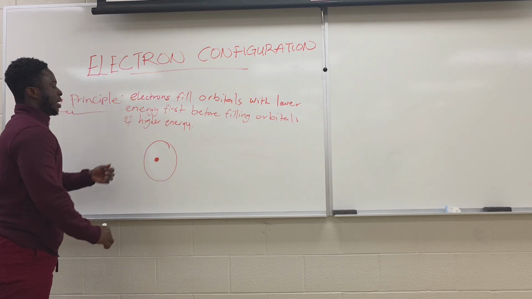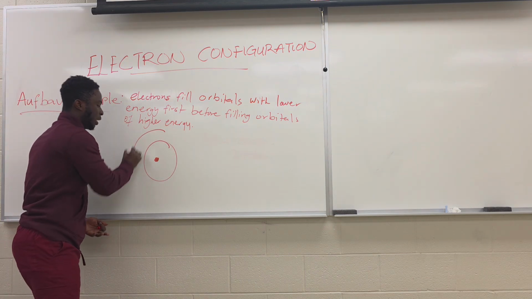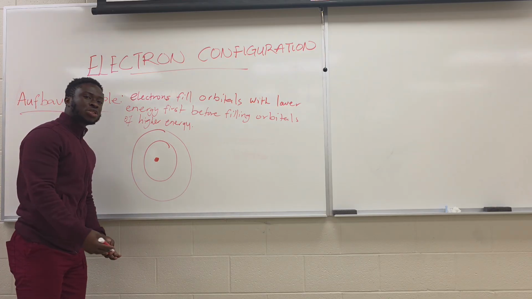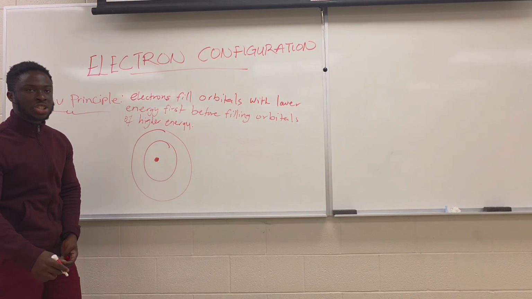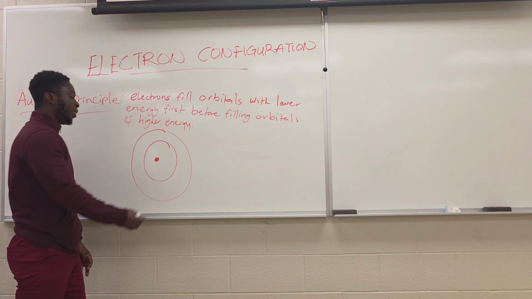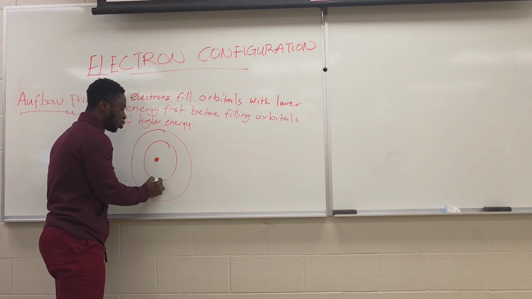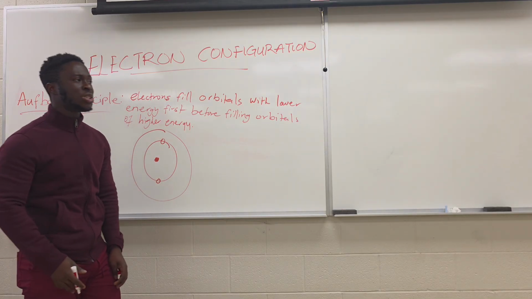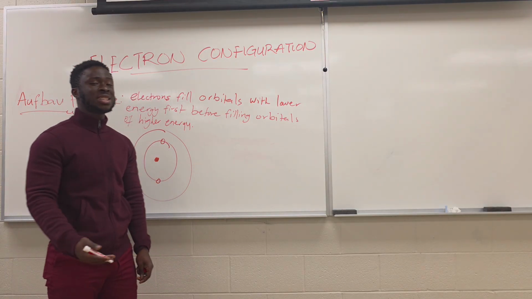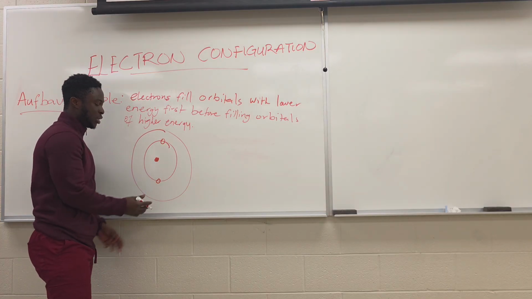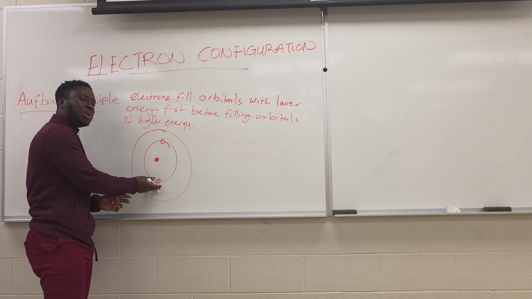If I have my atom like this, and I'm trying to fill it, the electrons, which are negatively charged and getting attracted by the nucleus, would fill the spot that is closest to the nucleus first. Because of the electrostatic forces of attraction that exist between the positive and the negative charge, it will be here first. So the positive charge could hold it in place.